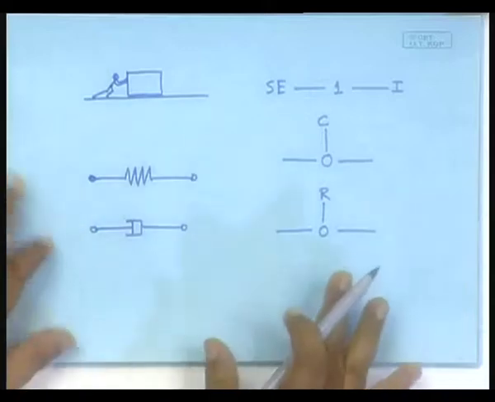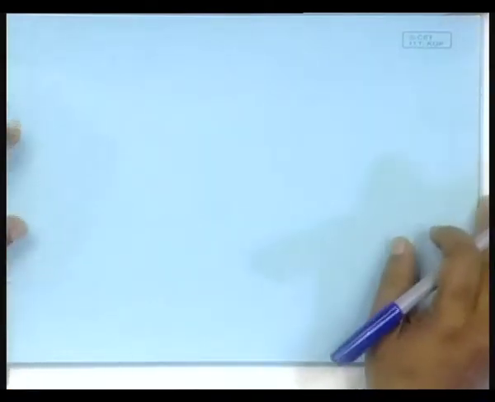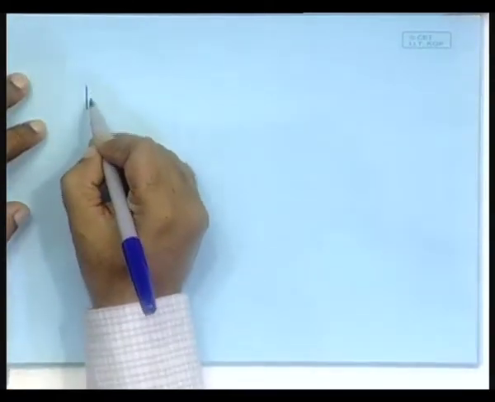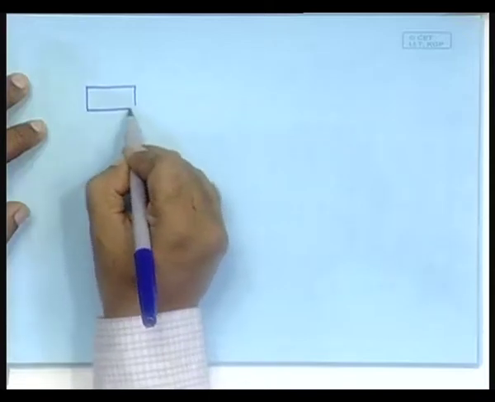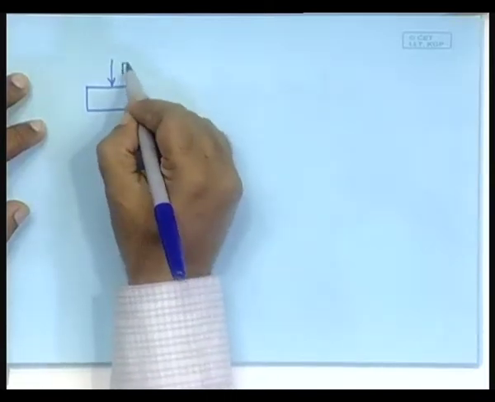On the basis of that knowledge, let us start building up the bond graph of some simple systems. For example, suppose there is a mass being acted on by a force.